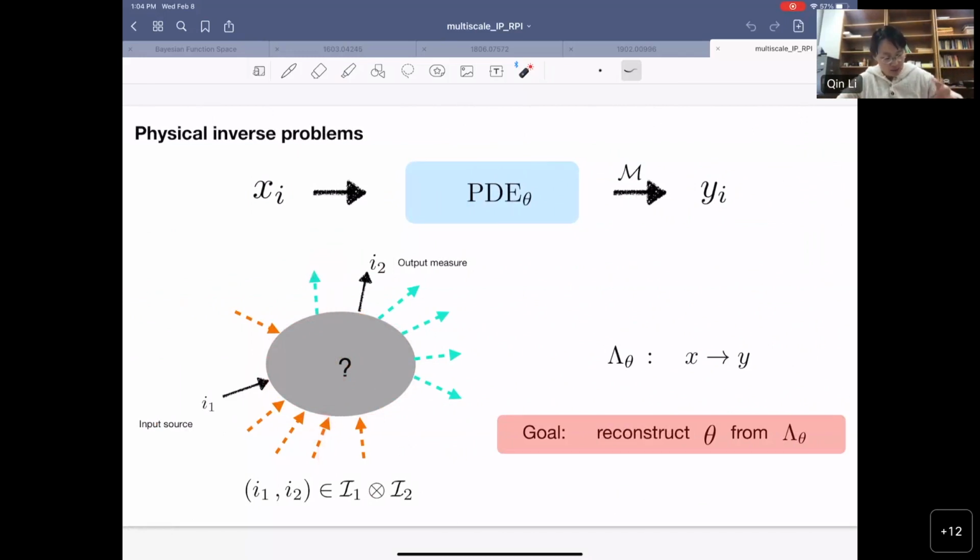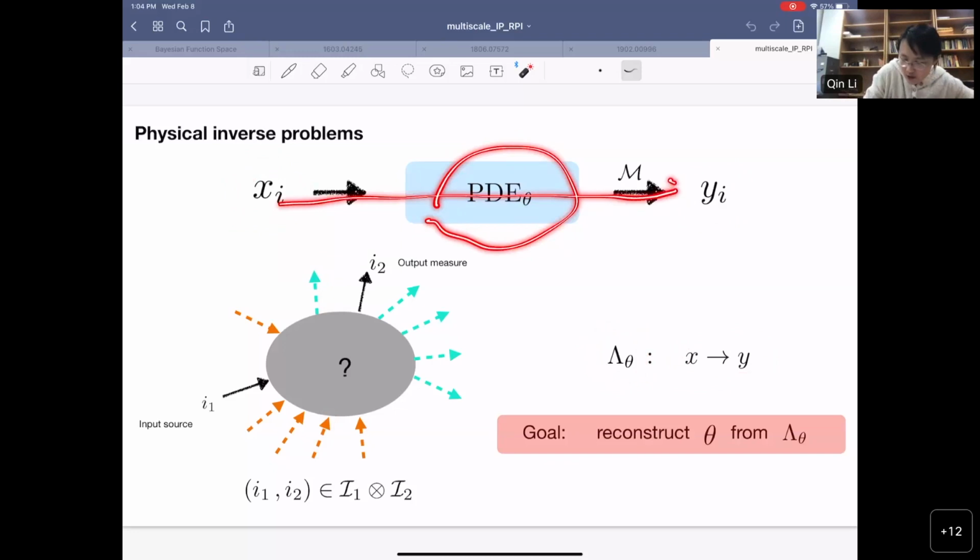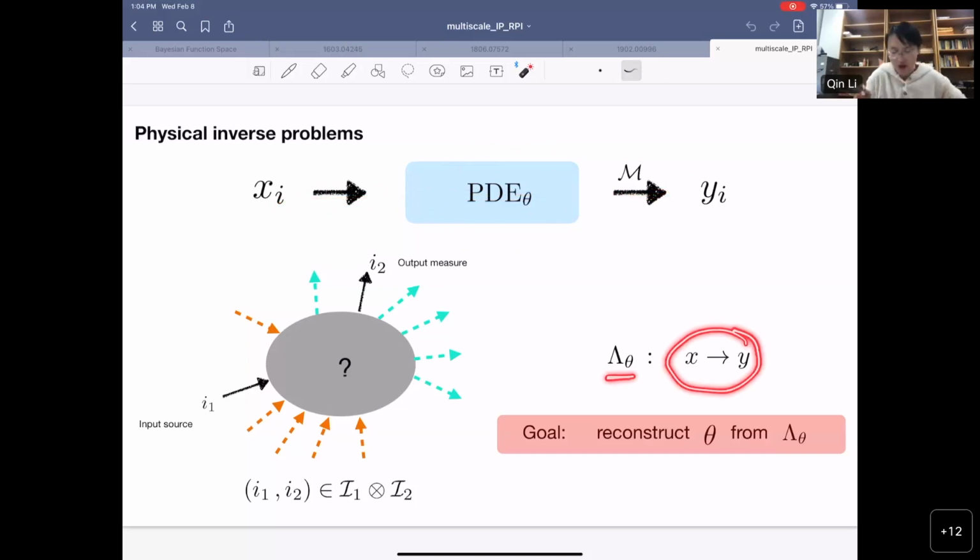I put in some input sources, I call them xi, and the PDE is my machine that transfers my input xi to the output yi. This PDE is parameterized by the parameter theta. What I want to do is utilize the xy data pairs to reconstruct the parameter in the PDE. So the forward problem is you give me this PDE and I crank the machine to compute for y, and the inverse problem is to use xy data pairs to reconstruct the theta parameter in your PDE.